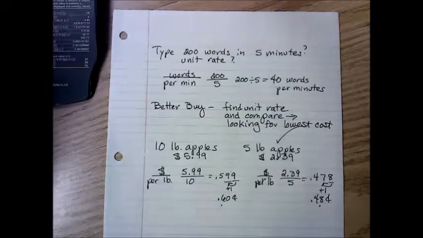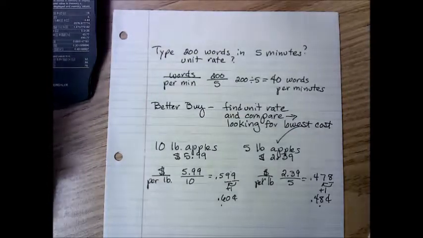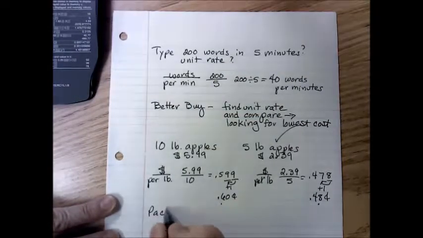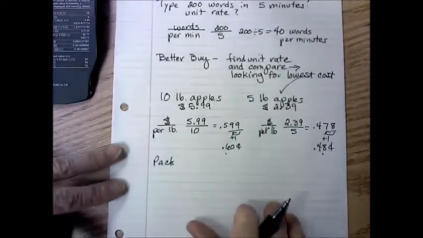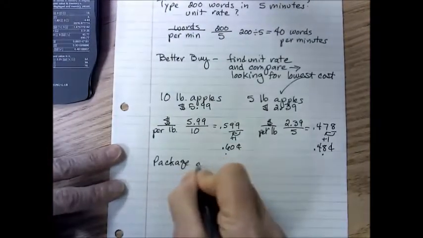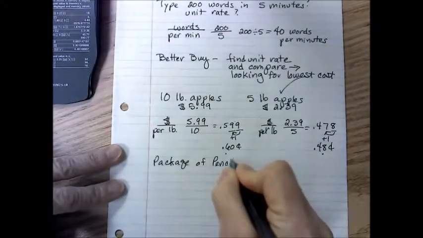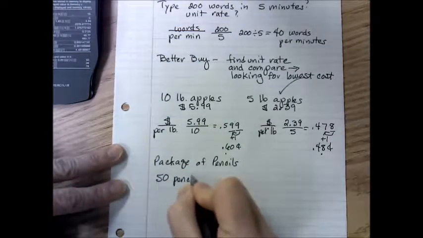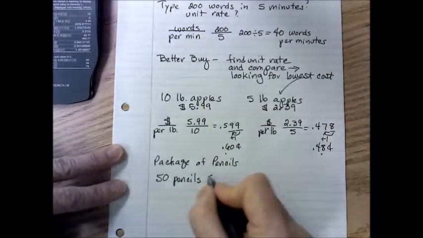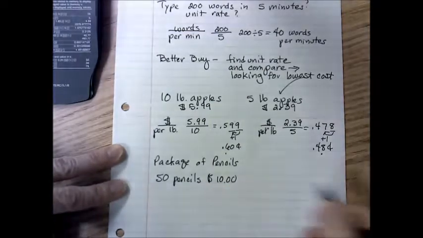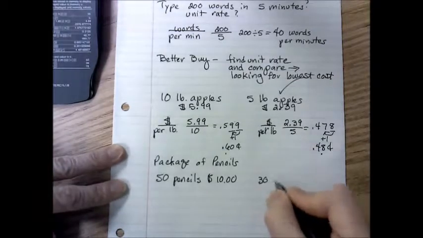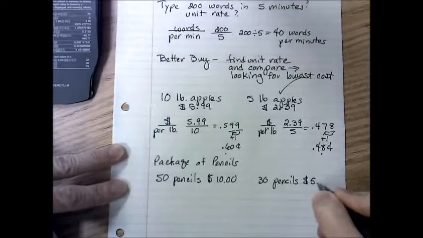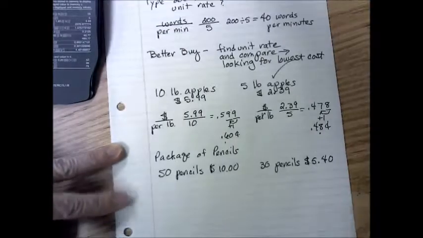Let's try one more of those. Let's say you are buying some new pencils for school, all right? So let's say you can get a package of pencils, and there are 50 pencils for a cost of $10, or you can get a pack of 30 pencils for $5.40.